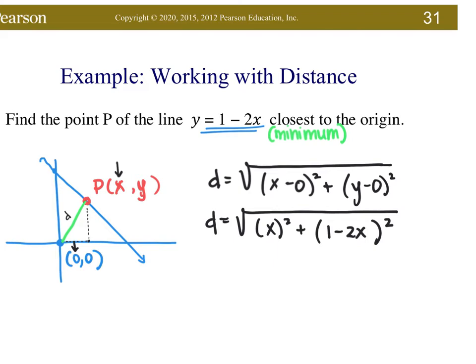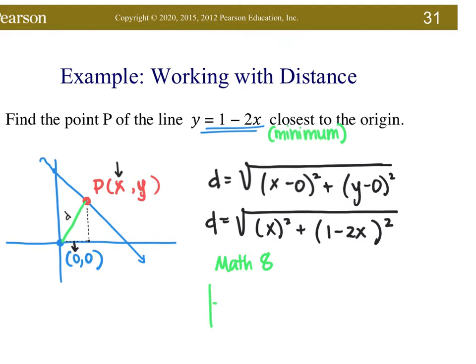So there's my equation for the distance. Square root of x squared plus the quantity 1 minus 2x, quantity squared. Remember, the square roots do not cancel out the squares. But now I want to find the minimum. So I'm going to do math 8 on this expression.